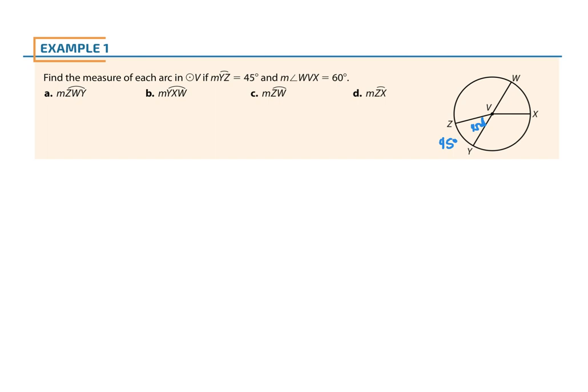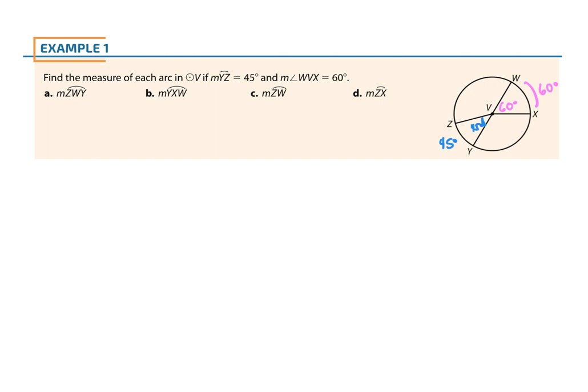They told me that WVX is 60 degrees. So this angle is 60 degrees, which means this arc is also 60 degrees. So the arc measure is the same as the angle that makes it up.